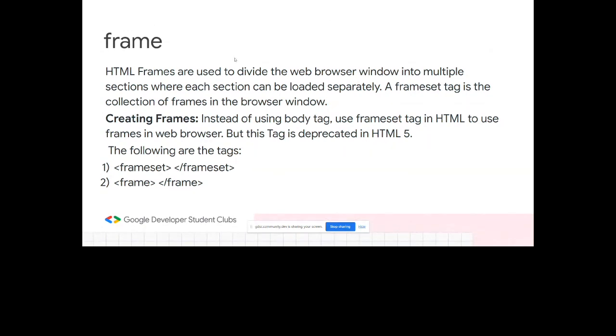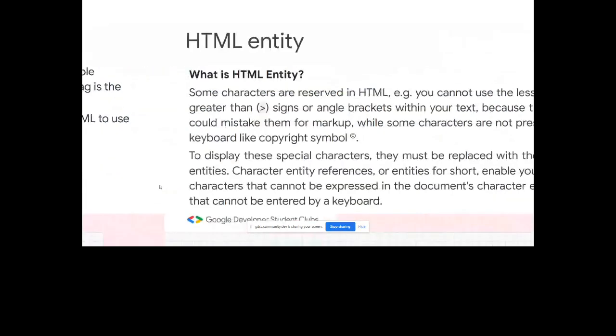That can be done using the frame tag. And frameset is the main tag which contains the frame tags. Inside the frameset tag, the frame tags are embedded. So this works. Let's execute each one of these tags and see the working of those tags.